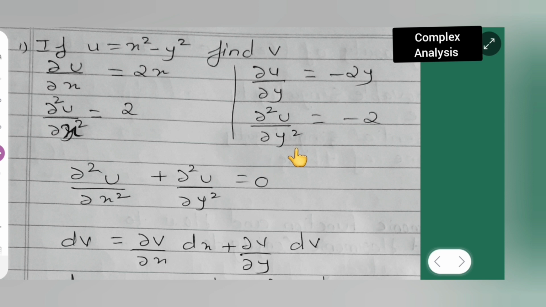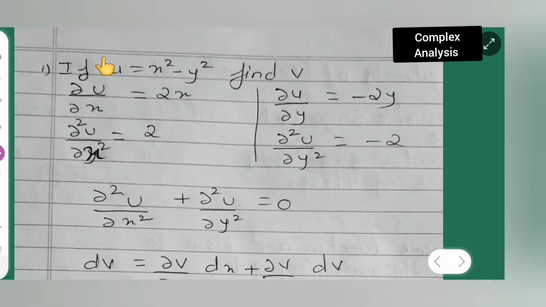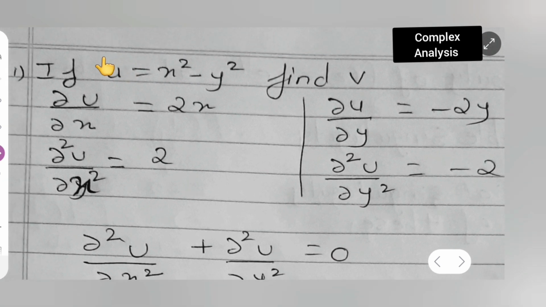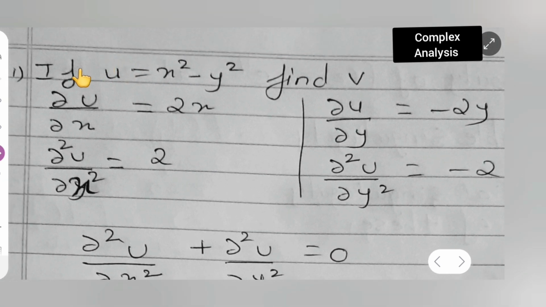So let us solve the first problem which I gave you all. If u is equal to x square minus y square, find v. In this problem we have to find the value of v.